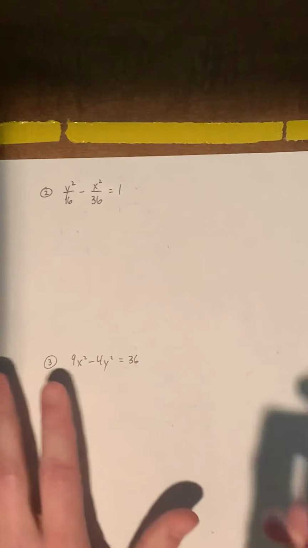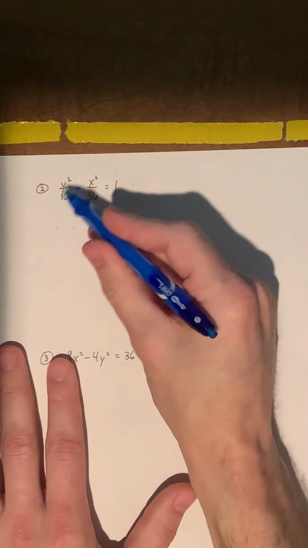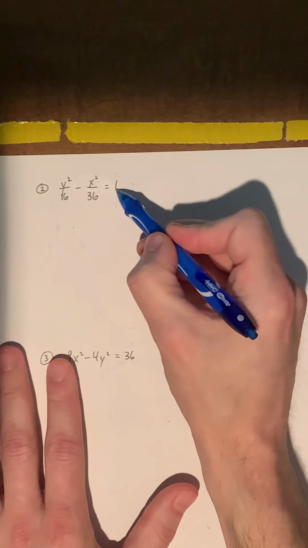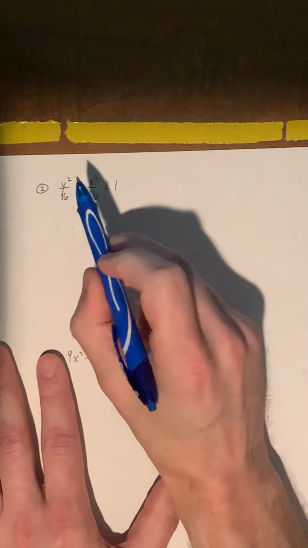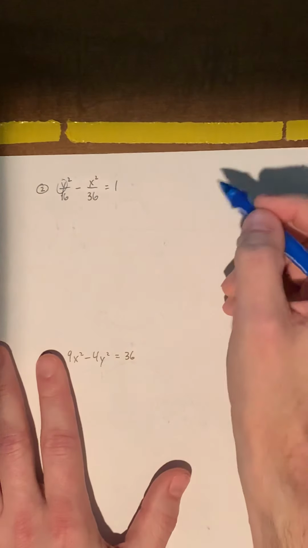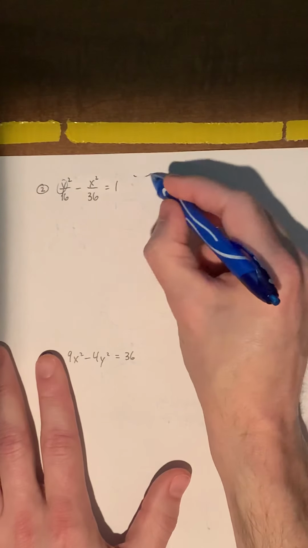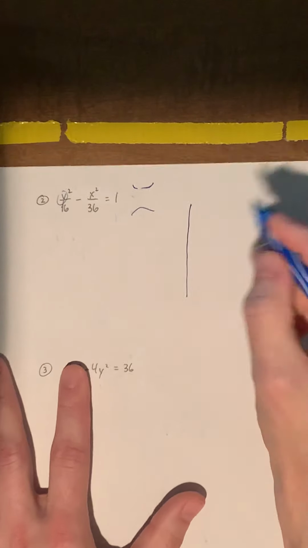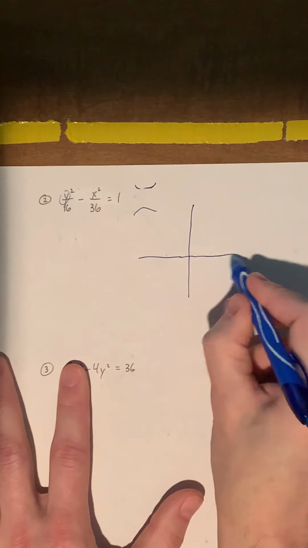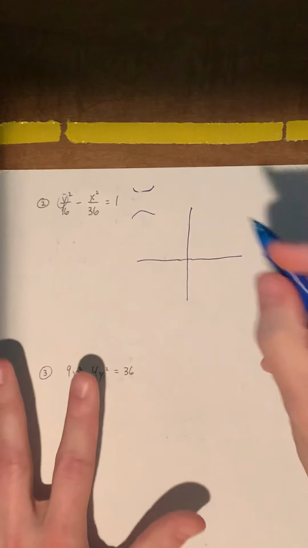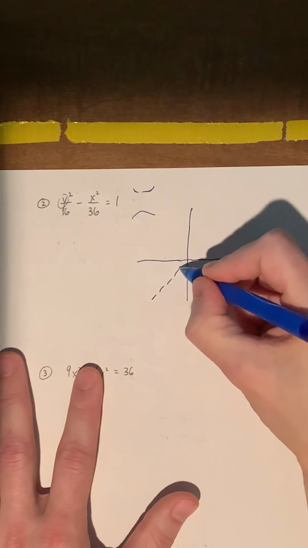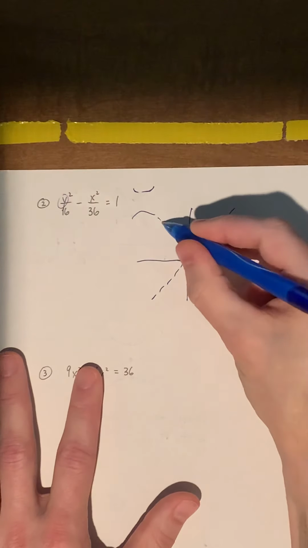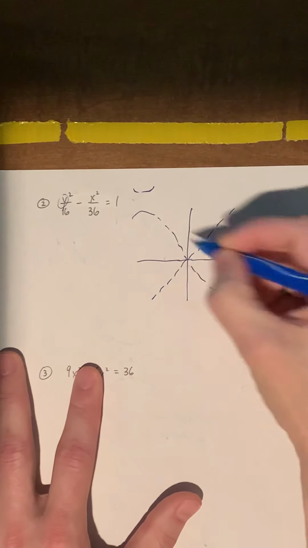Number 2. All right, everything looks normal. A minus sign, we got it equal to 1, which is what we want. And the y squared fraction comes first. So the curves are going to look like this. All right, so we can make our xy axis. Again, 2 normal asymptotes, like such.